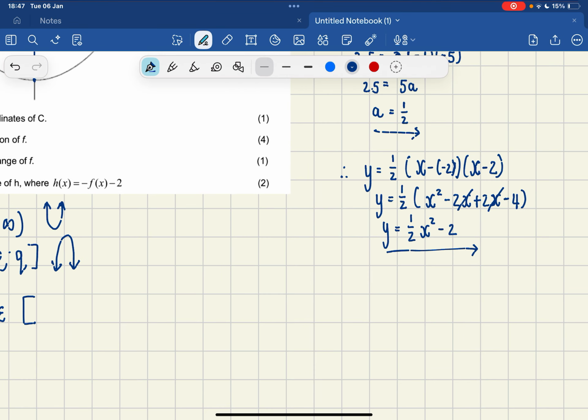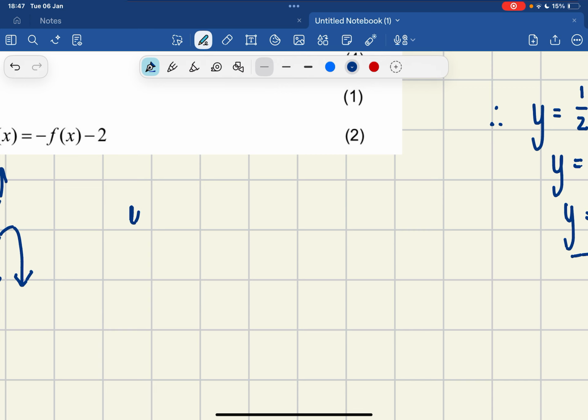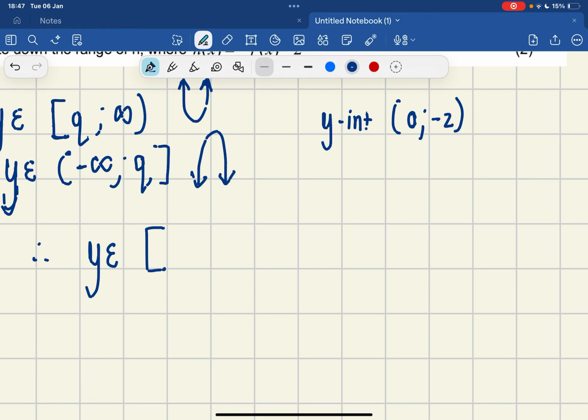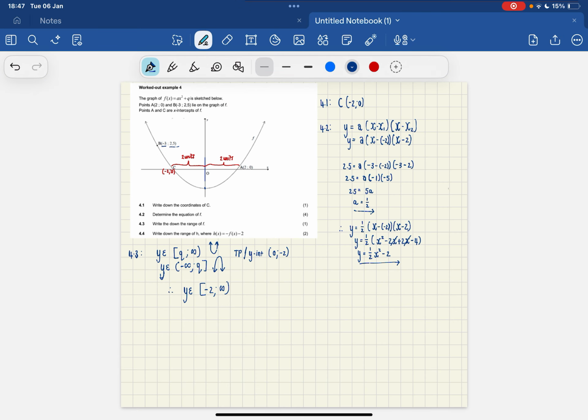So therefore our y-intercept would be (0, -2). And remember, our y-intercept in this case is also our turning point. Not every example, but in this example. And therefore, y is an element of from -2 up to positive infinity.